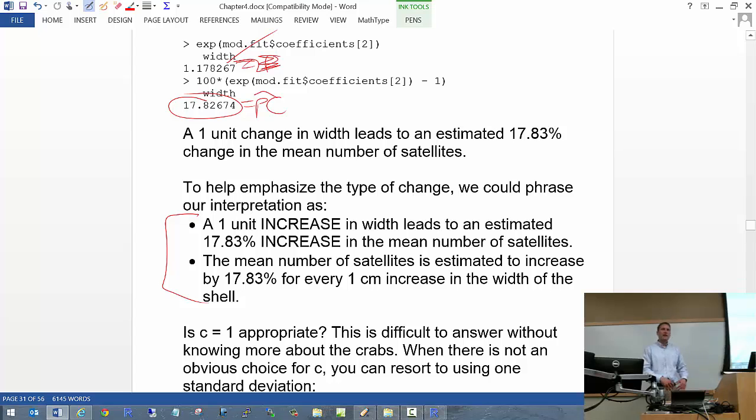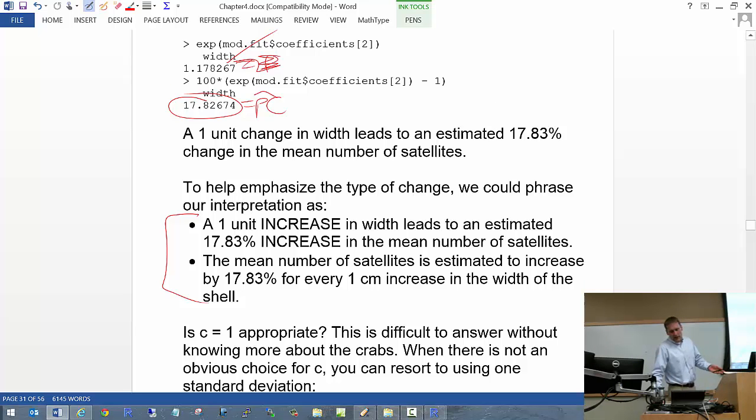A 1 unit increase in width leads to an estimated 17.8% increase in the mean number of satellites. Or alternatively, the mean number of satellites is estimated to increase by 17.8% for every 1 centimeter increase in the width of the shell. So those interpretations would work fine. It's just helping to emphasize what you're talking about, an increase or decrease or whatever.